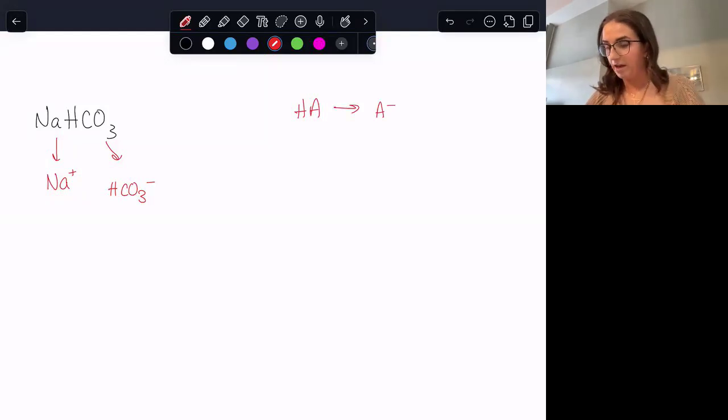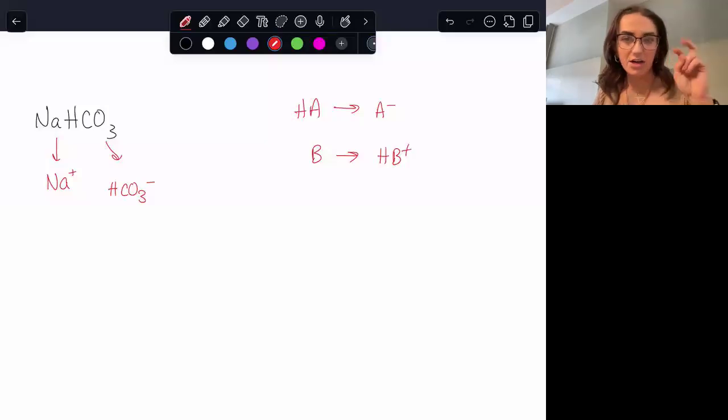And if we have a base, then HB plus is our conjugate acid, okay? So for the plus, that's technically our conjugate acid. So we want to ask, what base did this come from? What base does Na plus come from? It's kind of a trick question. See if you all get it.